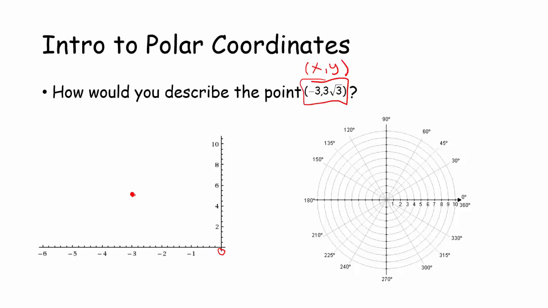That's what we're going to talk about today with polar coordinates: instead of giving an x value and a y value to describe points in space, we could give an angle and a distance from the point to the origin, and we could describe points that way.